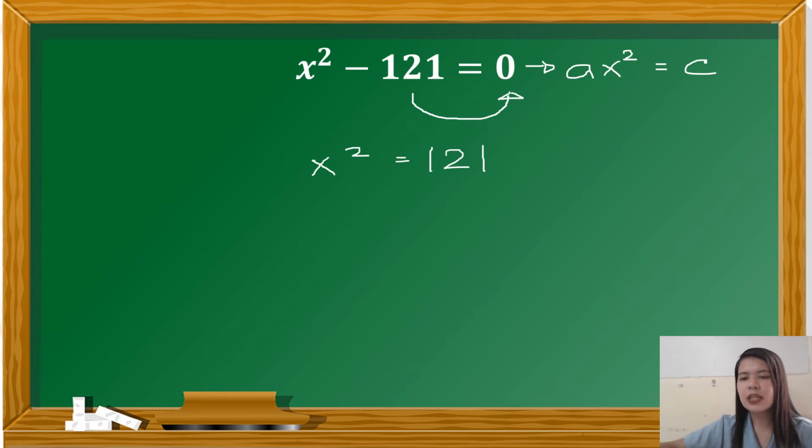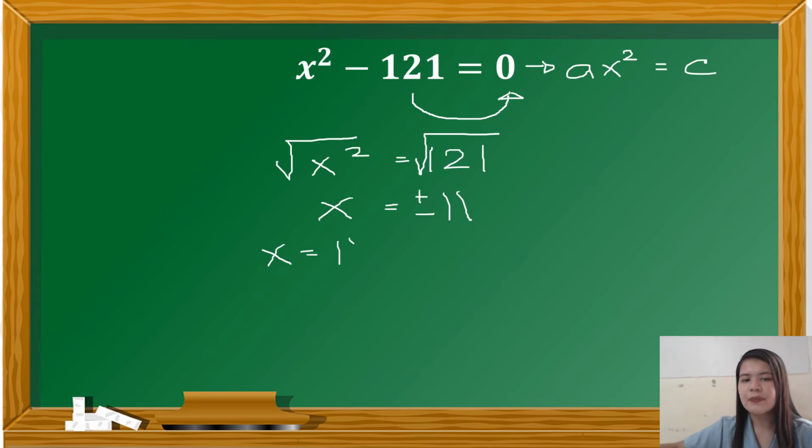From negative 121, it became positive 121. And then get the square root of both sides. The square root of x squared is x, while the square root of 121 is positive negative 11. Therefore, the first value of x is 11, and the second value is negative 11.